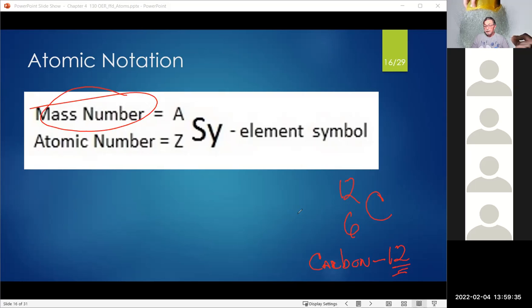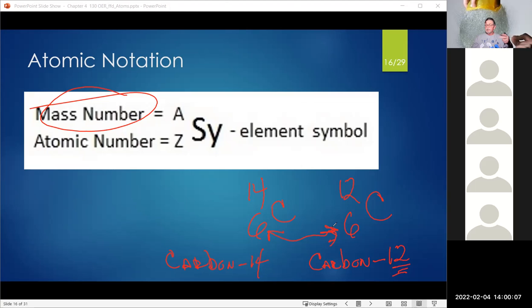Because it could have been carbon-14, okay? Well, in that case, it is carbon, 14, and 6. It still has the same atomic number, okay? That doesn't change. It's still carbon. The only difference between carbon-12 and carbon-14 is that carbon-14 has 2 extra neutrons.